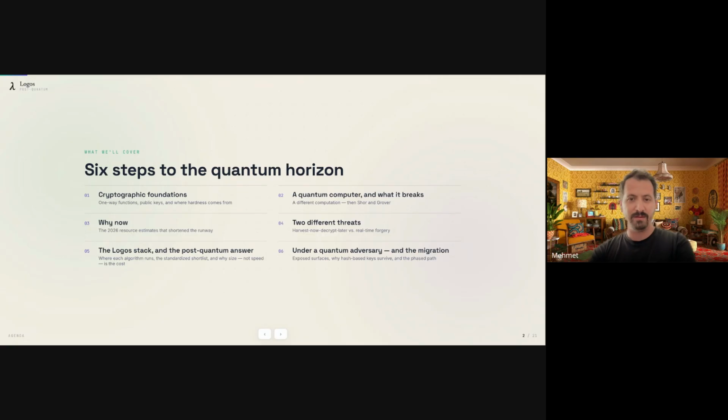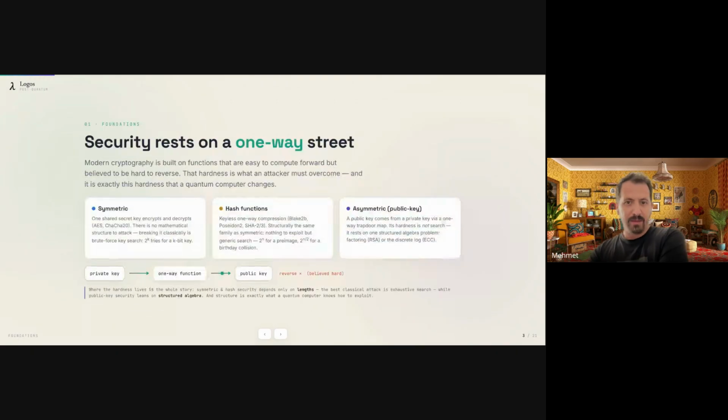After that, I will try to explain what cryptographic algorithms we use in Logos, and the situation of those cryptographic algorithms against quantum computers. And after that, I will try to explain our migration plan in general.